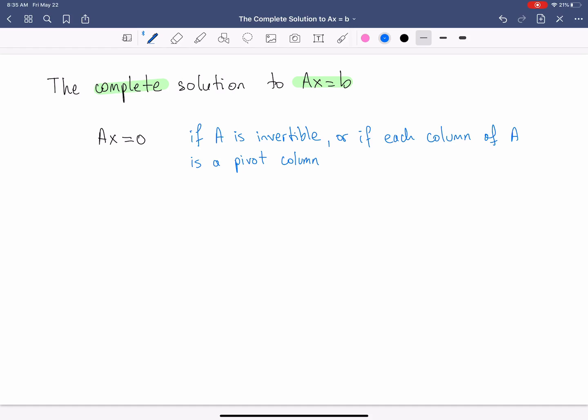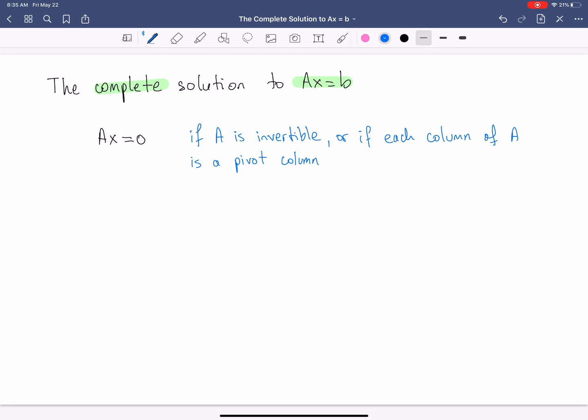If your matrix A is square, then having each column be a pivot column implies that A is invertible. But the statement will be true even if your matrix A is rectangular, provided that each column has a pivot.